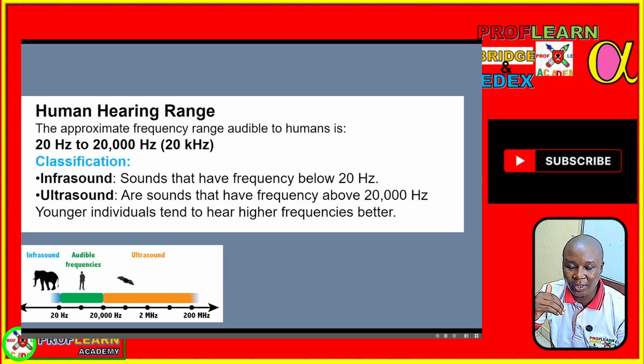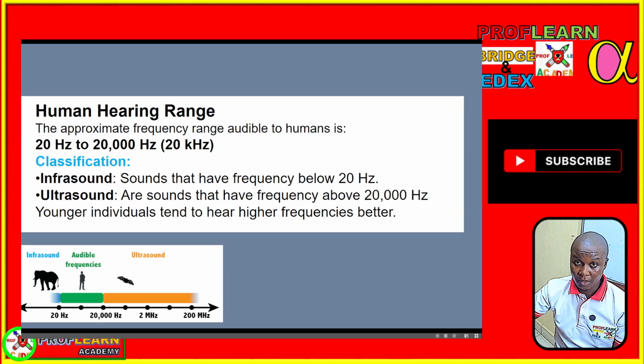But if the sound produced is less than 20 Hertz, for instance, let's say a sound of frequency 15 Hertz, you cannot hear that because it is outside the human hearing range. If a sound is produced which is above 20,000 Hertz, let's say 2 megahertz, then you cannot hear it because it's not between 20 and 20,000 Hertz.